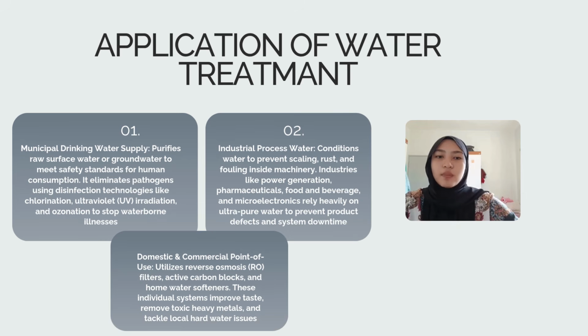The last one is domestic and commercial point of use. We utilize reverse osmosis or RO filters, activated carbon blocks, and home water softeners. These individual systems improve taste, remove toxic heavy metals, and also tackle local hard water issues.